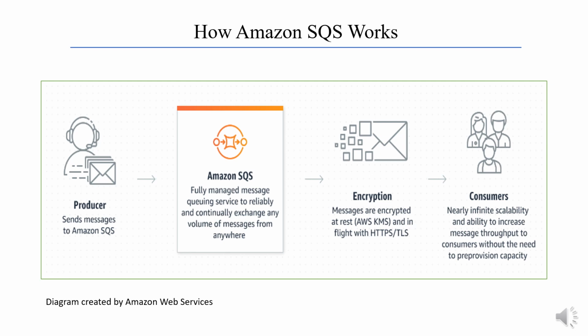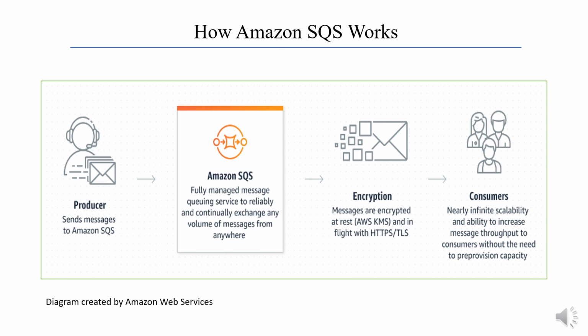Amazon Simple Queue Service, Amazon SQS, lets you send, store, and receive messages between software components at any volume without losing messages or requiring other services to be available. The diagram is created by Amazon Web Services. It shows key features of Amazon SQS and how messages travel from producer to consumer.